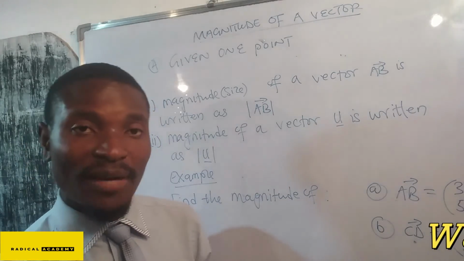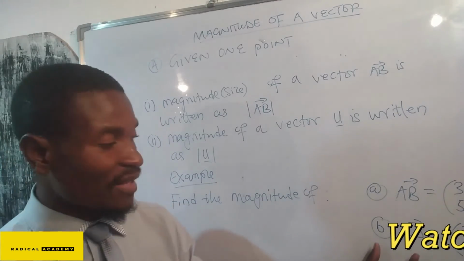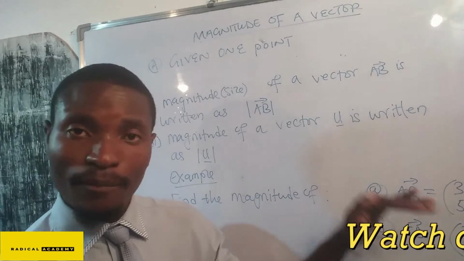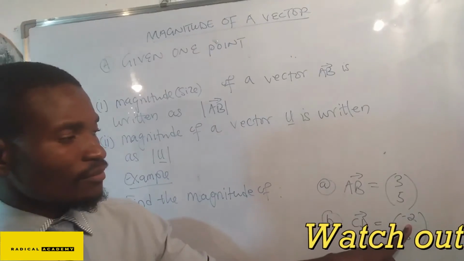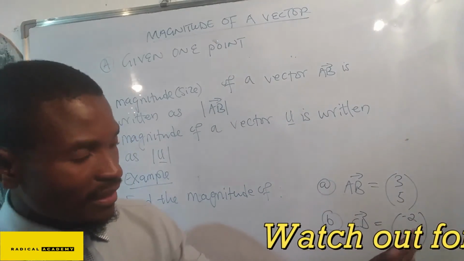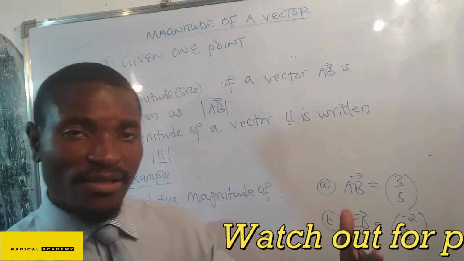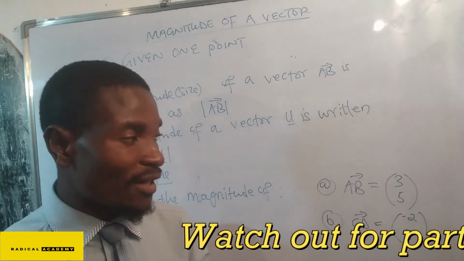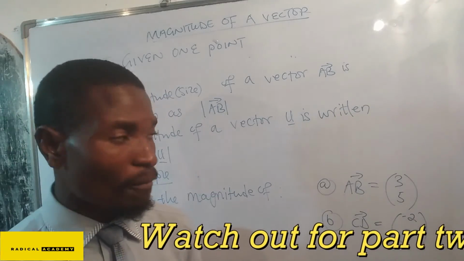For the second example, B, the number on top is -2, which is found on the negative part of the x-axis of the graph paper, and the bottom number is 3.